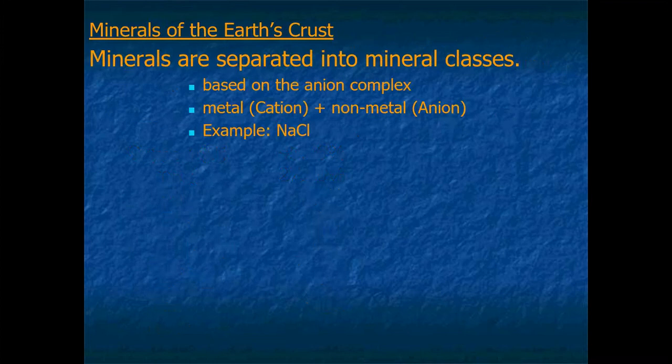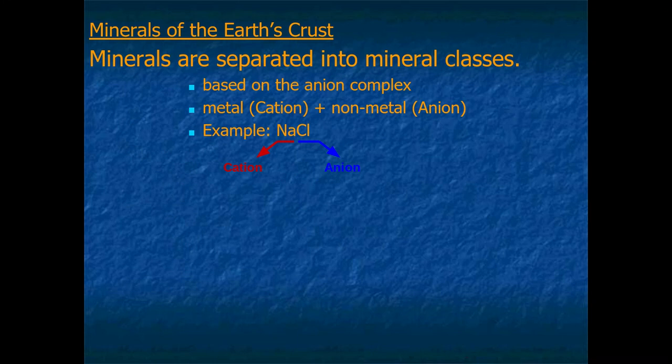Remember that cations are positive ions, typically the metals, and the anion is typically the non-metal. So mineral classes are based on the non-metal, or the anion complex. In my example, using sodium chloride, sodium represents the cation and chlorine represents the anion.